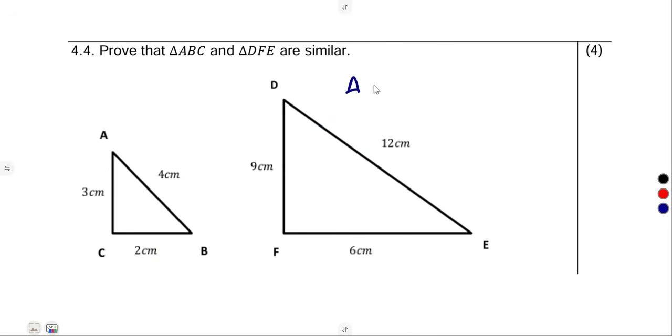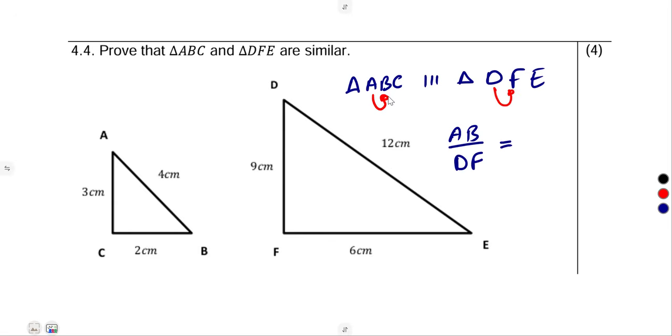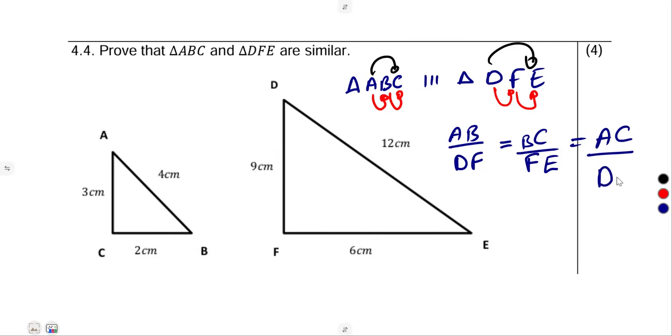So we can prove that if triangle ABC is similar to triangle DFE, let us have the ratio of sides AB over the corresponding side, which is DF, must be equal to BC over the corresponding side FE, and this must be exactly the same as AC over DE.